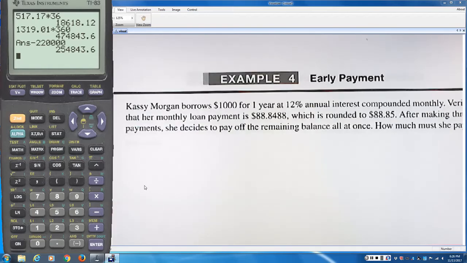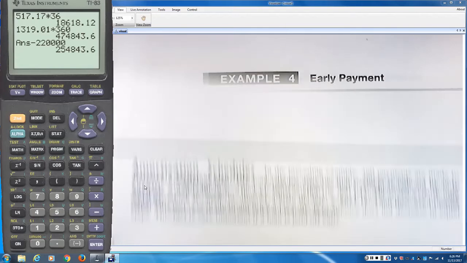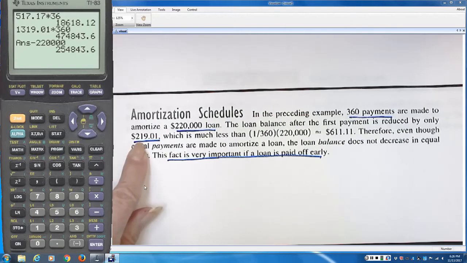And to go back on this one for just a second, how do they know it was $219.01 out of the first payment?